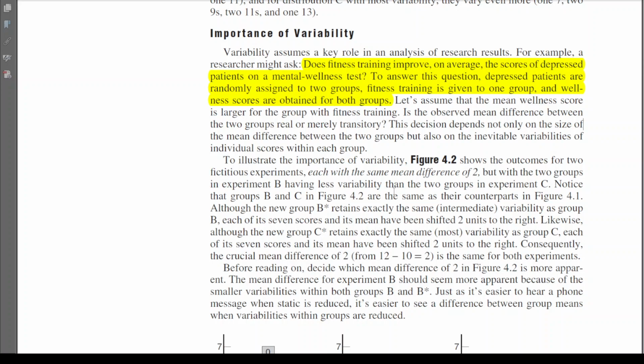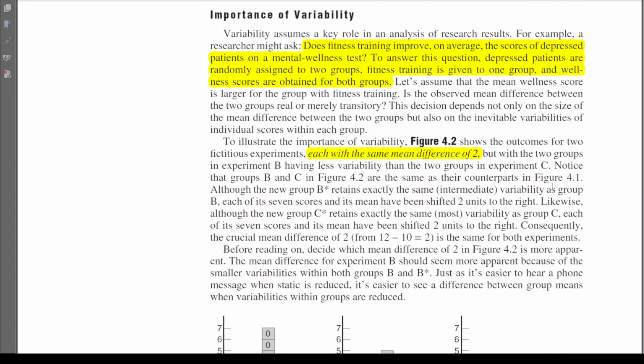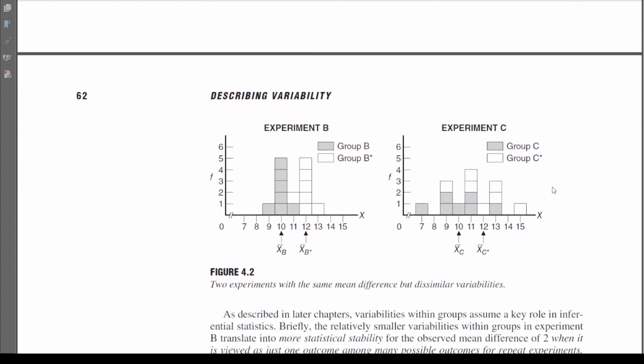To illustrate the importance of variability, Figure 4.2 shows the outcomes for two fictitious experiments, each with the same mean difference of 2, but with the two groups in experiment B having less variability than the two groups in experiment C. Now let's see what Figure 4.2 shows.